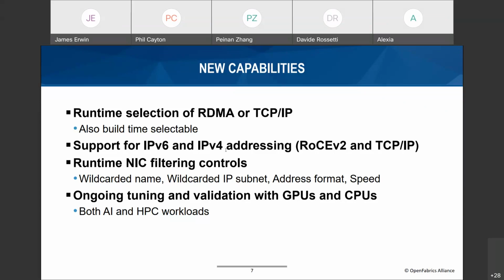We do support IPv6 and v4 addressing for both RoCE and TCP. And then we also have runtime NIC filtering controls. This becomes very important when you have clusters with many different types of networks.